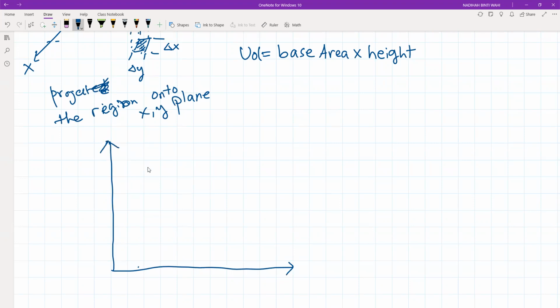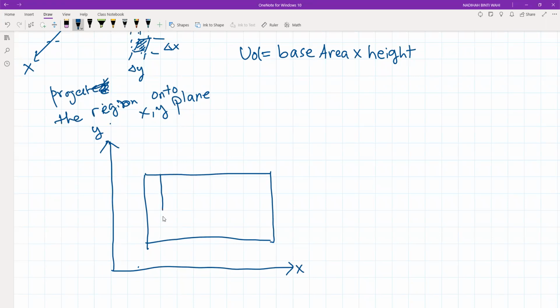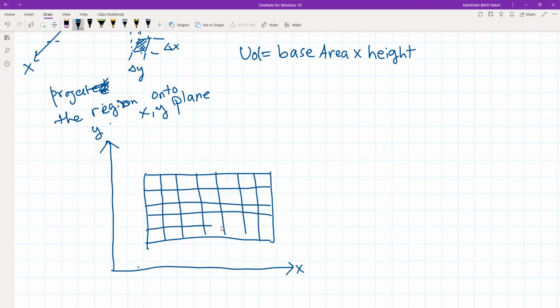Okay. And I will get, let's say I projected into a rectangle. So this is X, this is Y. And then I will get several squares or maybe another rectangle. It might be a square, it might not be a square. Like this.